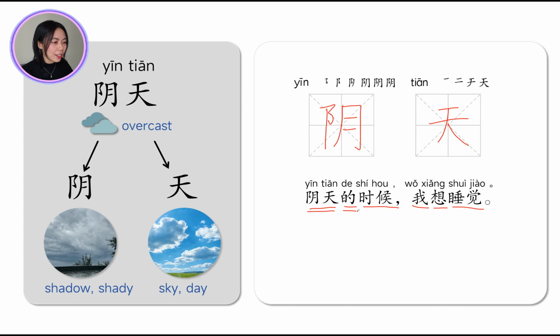阴天的时候，我想睡觉。Translation. 阴天 overcast. 的时候 it's a structure. When it's what time? Okay?